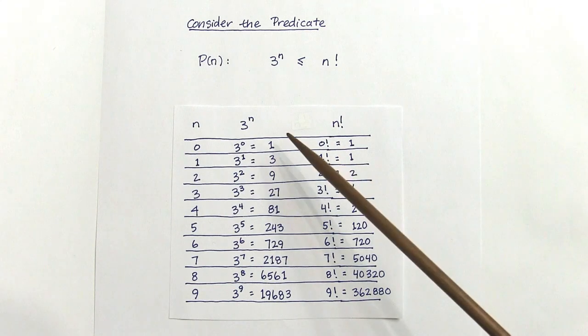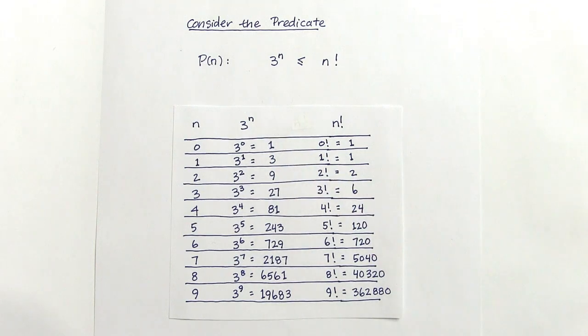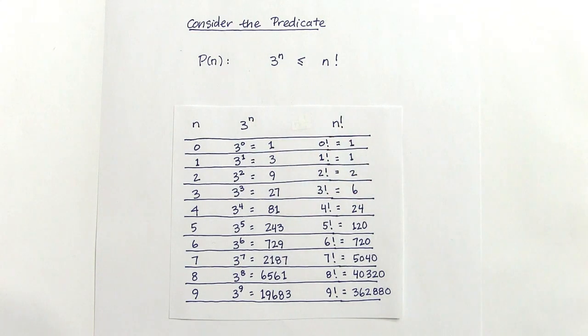Now, 3 to the n is what is called an exponential function. Exponential functions can be found everywhere in nature, and they grow very fast as the exponent n increases. They're some of the fastest growing functions we ever deal with.